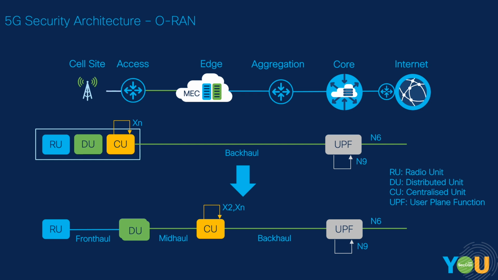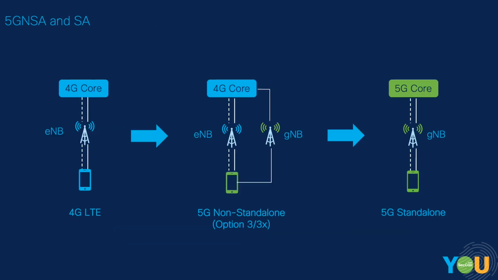There are different deployment models of 5G. It is not completely 5G core and 5G transport. Of the different options, the most widely used one is 3x. What that means is most of these operators upgrade the antennas, so they're using millimeter waves and the latest frequencies, but their core is still 4G.